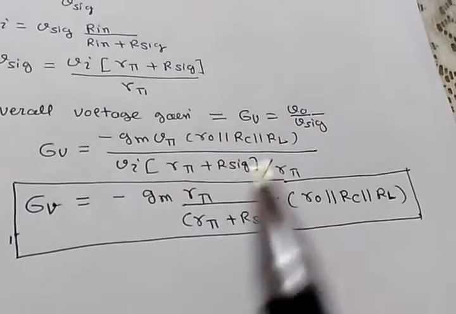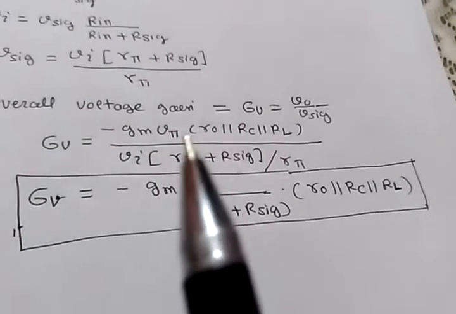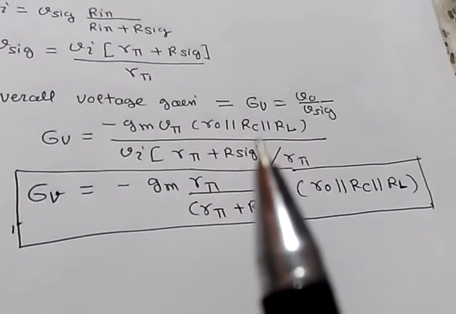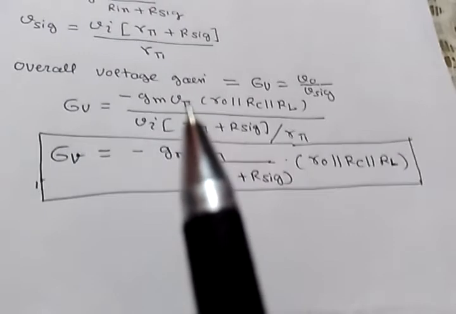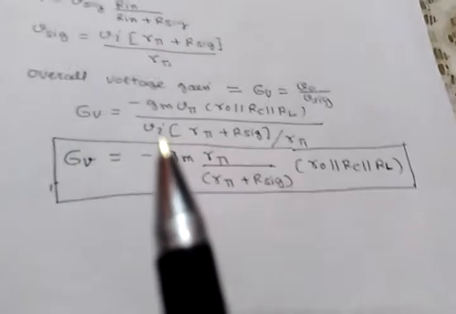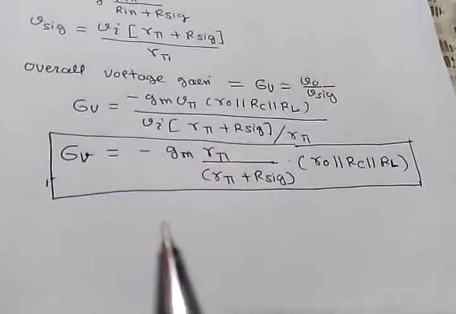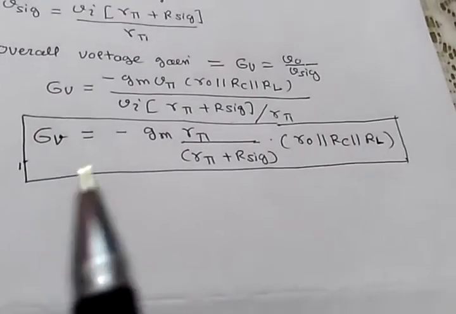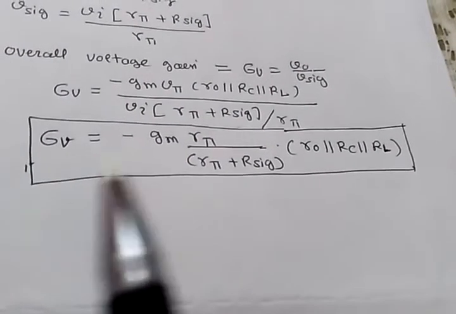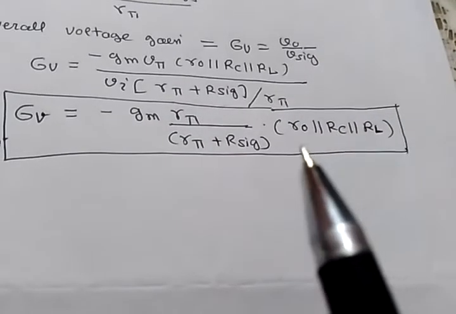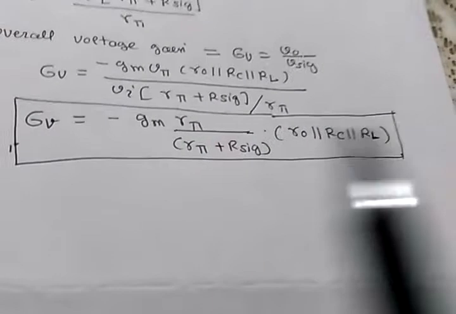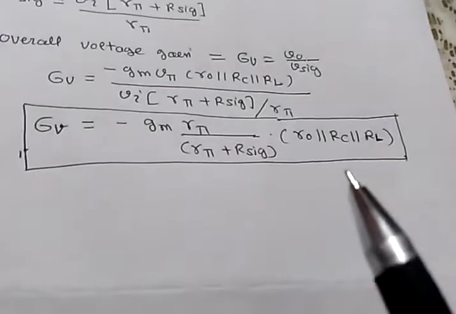Output voltage we have calculated earlier, minus Gm Vpi, Ro parallel Rc parallel RL, and Vsig we have just calculated here. Put the value. Since Vpi and Vi both are same, they will be cancelled. In this way we can write overall voltage gain Gv equals minus Gm Rpi upon Rpi plus Rsig into Ro parallel Rc parallel RL. This is the final expression of the overall voltage gain.